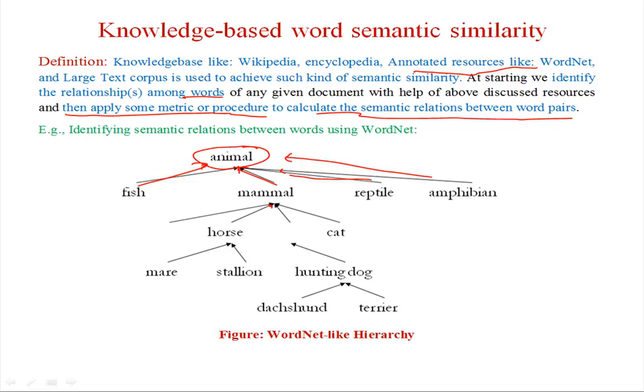So the first part of such a system is to use WordNet or some annotated knowledge base to identify the relations among the words in the given document, and by using it, it prepares a hierarchy or sometimes a graph to show the relations among the words.